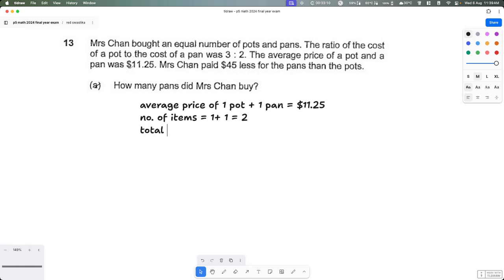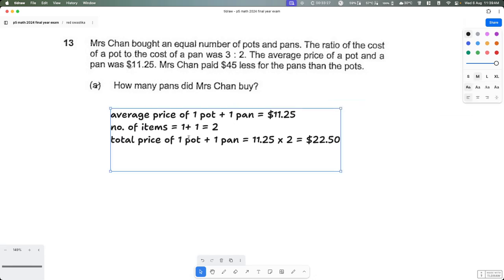So total price of one pot and one pan is equal to 11.25 times 2, which is $22.50. Okay, so now we know the total price of one pot and one pan.